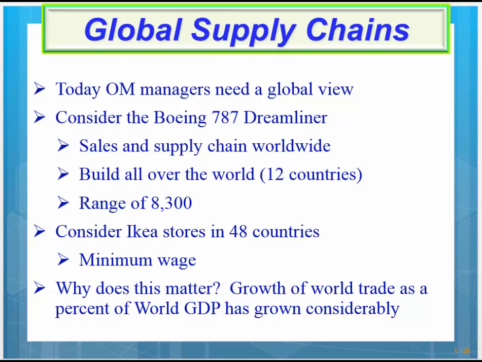So the point of all this is, as an operations manager, you have to be aware of what's going on in the world, because world trade is not going anywhere and it's very much a part of our life. So much so that the GDP of the world has grown considerably over the last, say, 20 years.